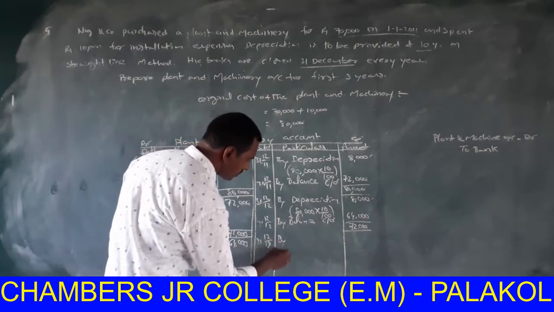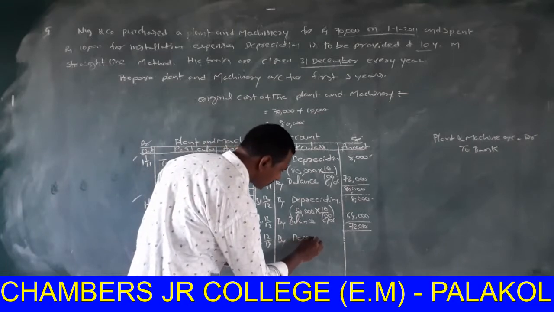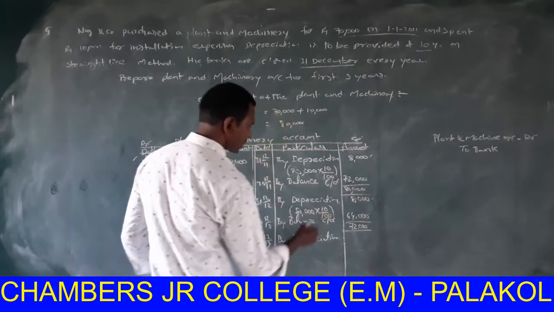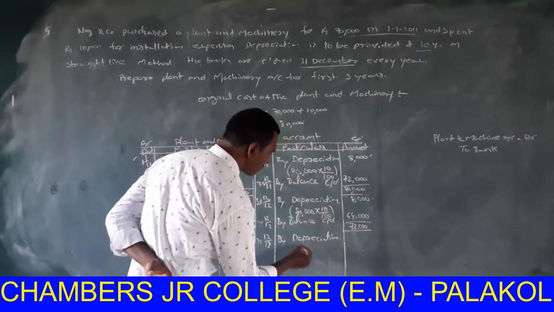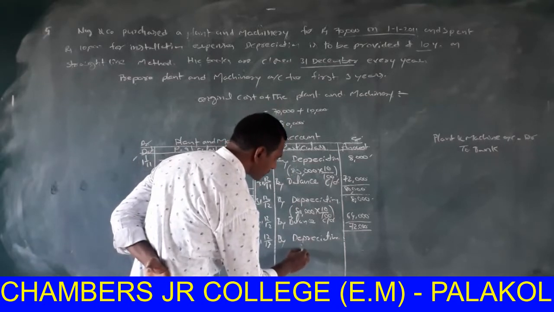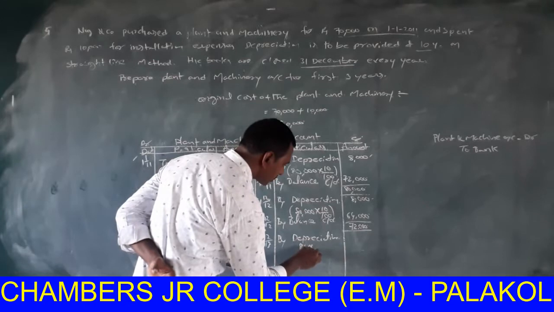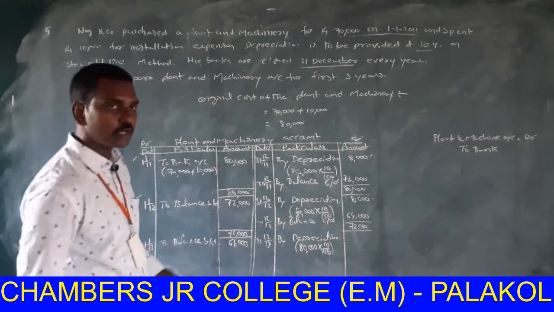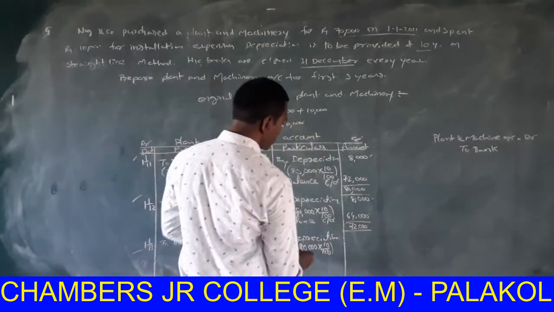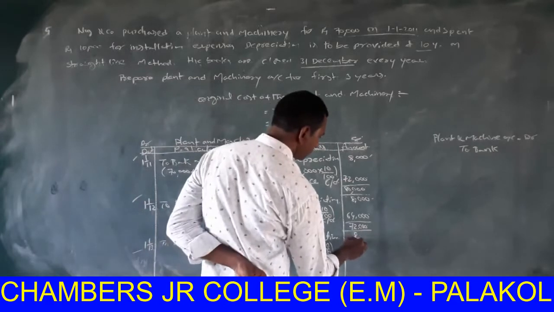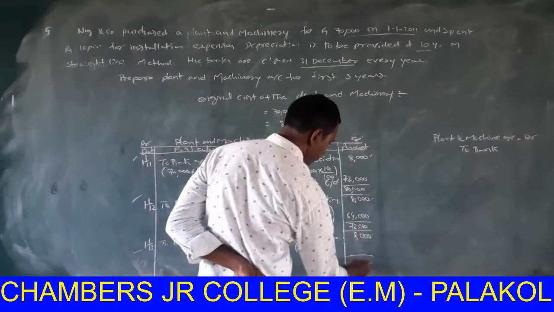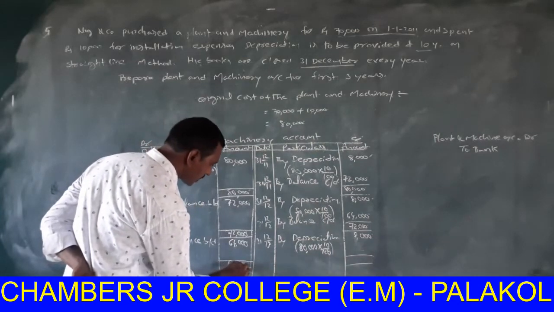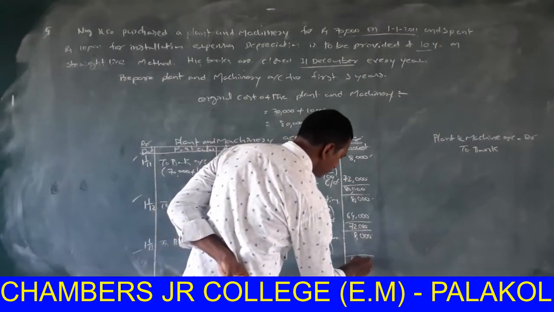On 31/12/2013, by depreciation. The depreciation is calculated in the same way, the straight line method, also called original cost method. Here the original cost is 80,000 into 10 by 100, 8,000. Now take the total on the debit side, 64,000.